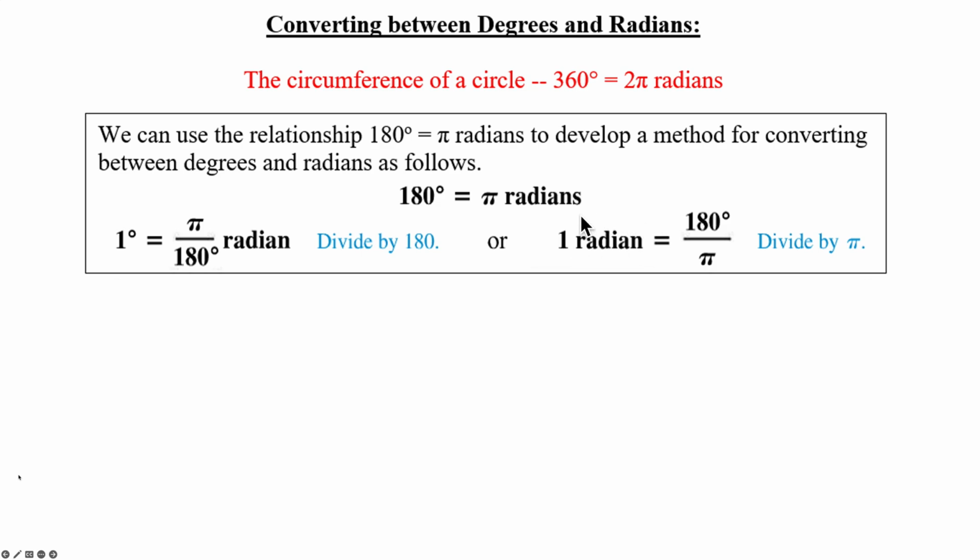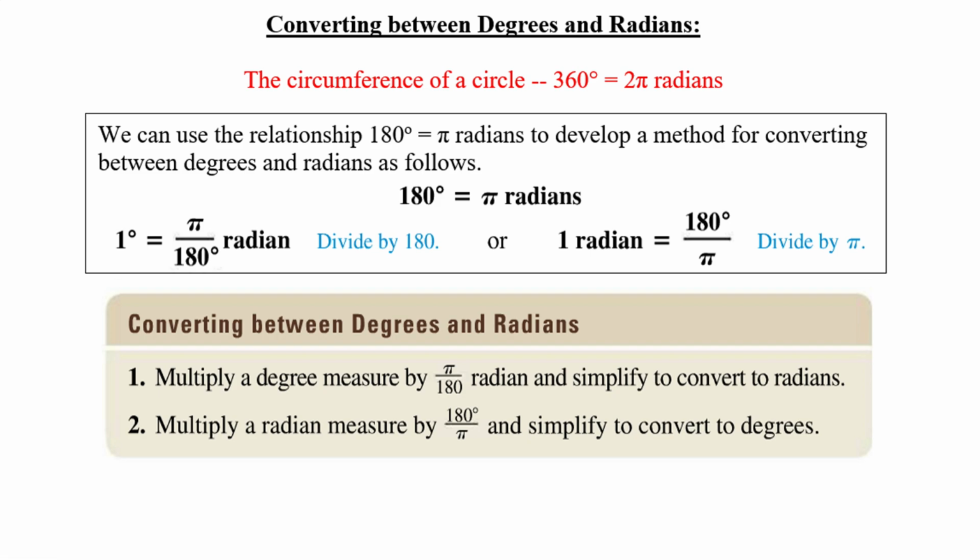And vice versa, if you're in radians, you want to put the pi symbol in the denominator and divide by pi into 180, or most of the time these radians will have a pi symbol in it, so we cancel the pi's, multiply together, and we have our degrees.